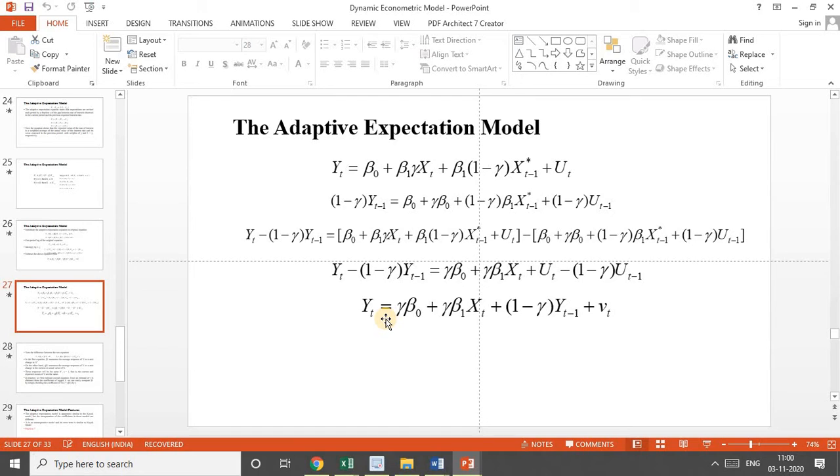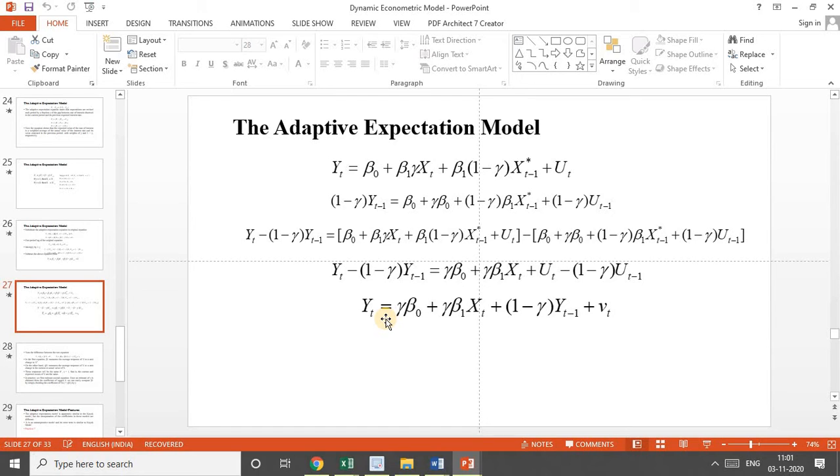Now look at the equation, there are no stars. All are current terms: yt is current yt, xt is current xt, and yt minus 1 is a lagged value of the dependent variable.